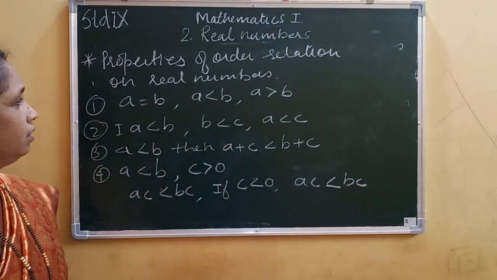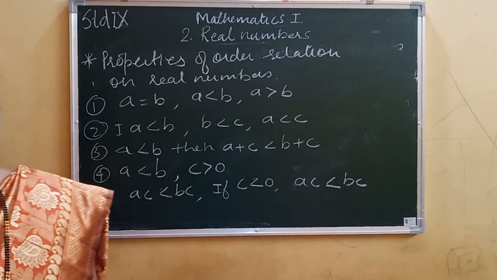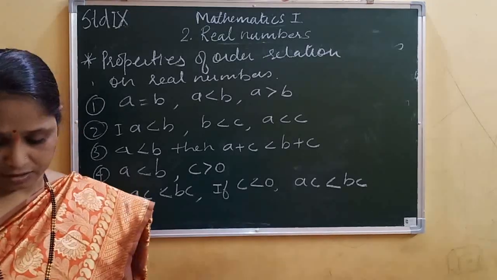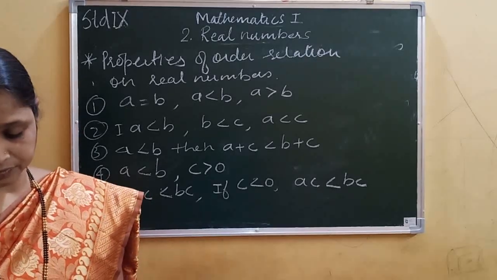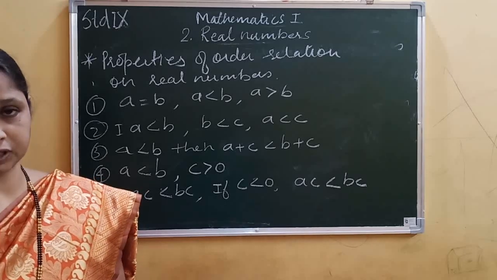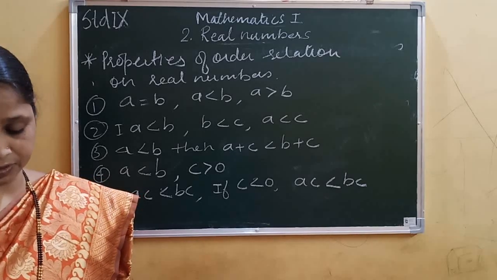So these are the properties of order relation of real numbers. Okay, now see, this we can verify with the examples of rational and irrational numbers.